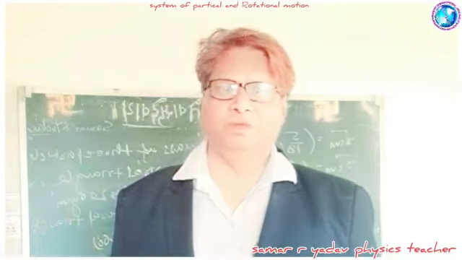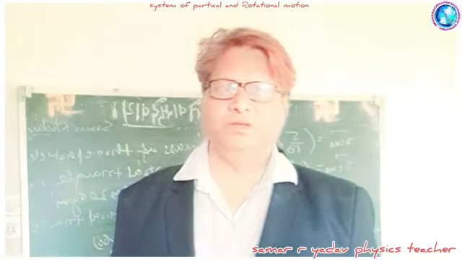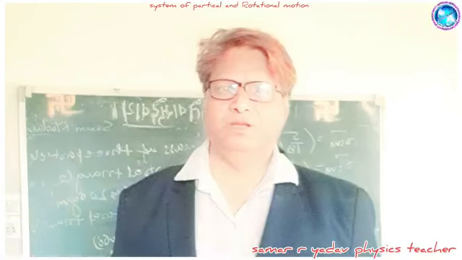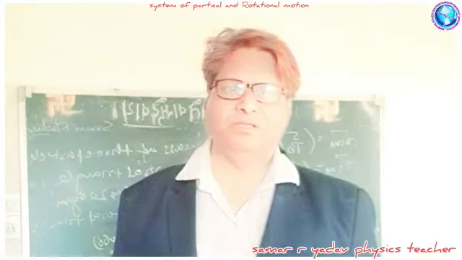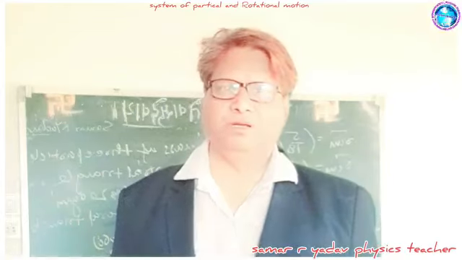Now finally R_CM is equal to 100 into (0, 0) plus 150 into (0.5, 0) plus 200 into (0.5 cos 60, 0.5 sin 60), upon 100 plus 150 plus 200, that is 450.